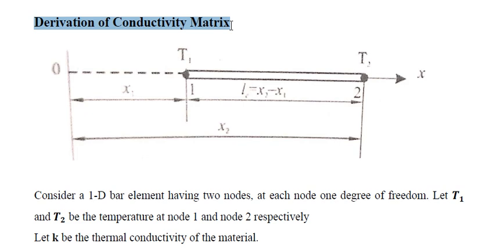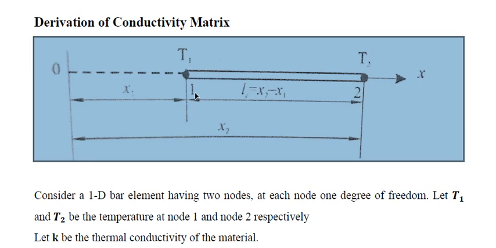We will try to derive it in a similar fashion, but things are a little different here. Instead of calling it the stiffness matrix, we will call it the element conductivity matrix. For a particular heat transfer element, there will be a conductivity matrix, a convective matrix, and so on.